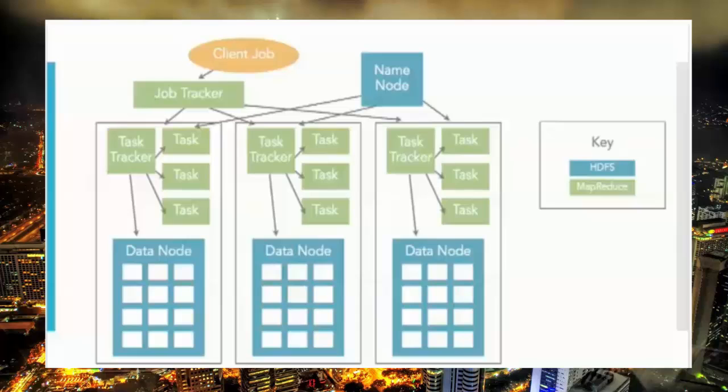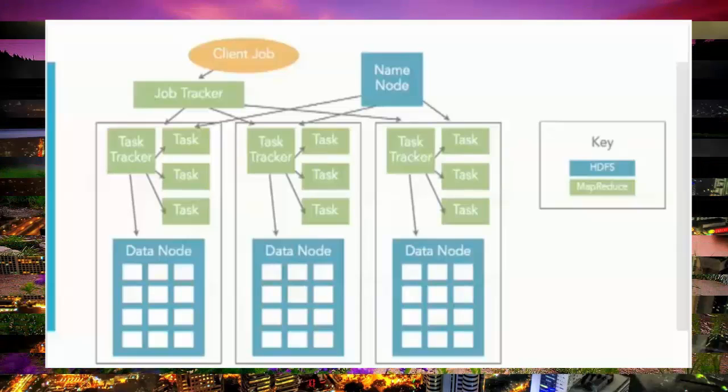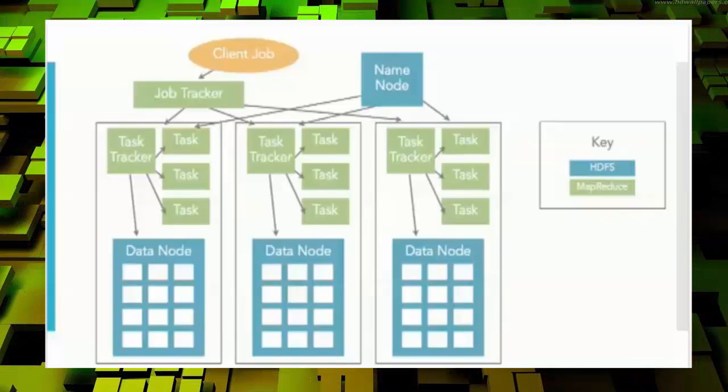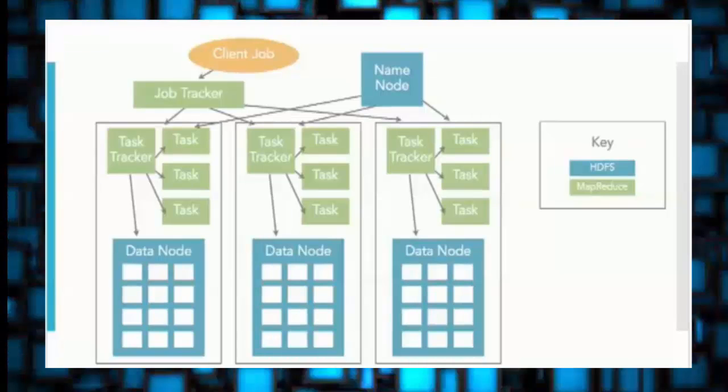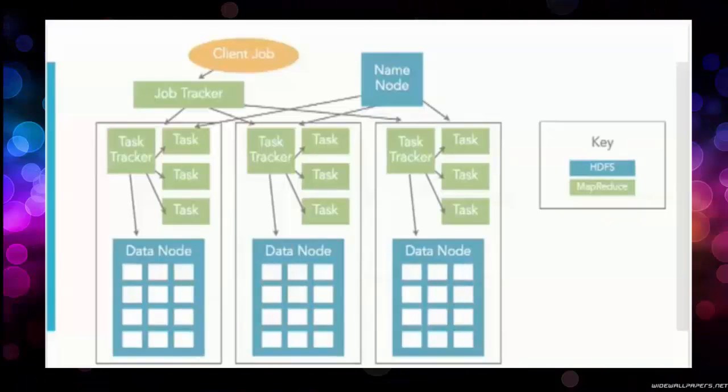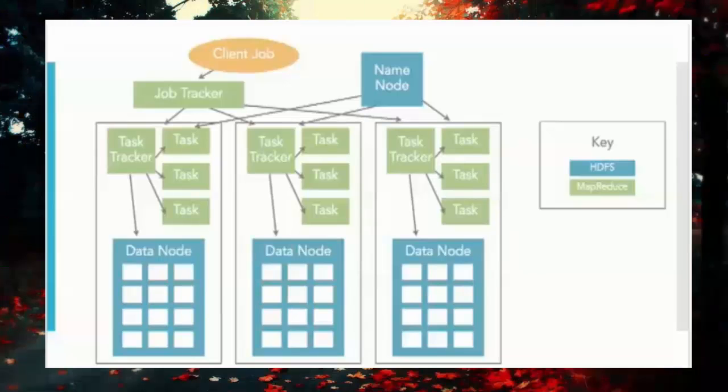So you can see we've got task tracker on each one, and then we have a job tracker daemon that is actually implemented on a different physical server. In addition to that, we have some other daemons that control the data distribution, the name node and the data nodes. Again, it's important to remember that in a production situation, these are separate JVMs and they do not share state.